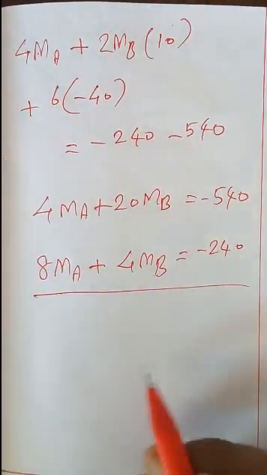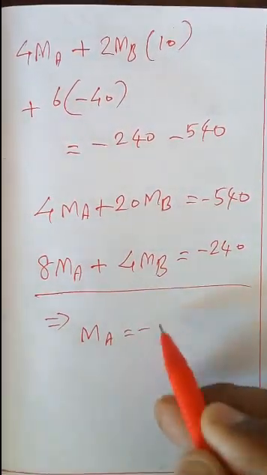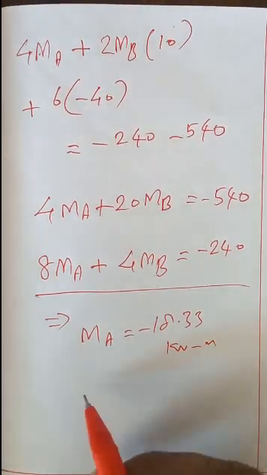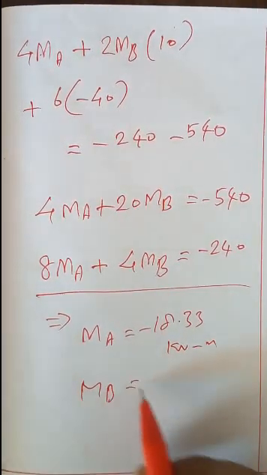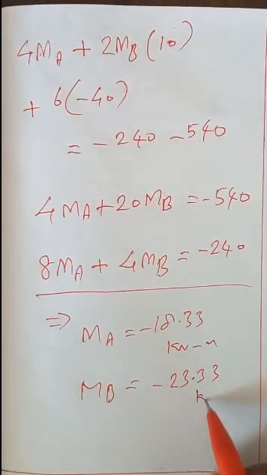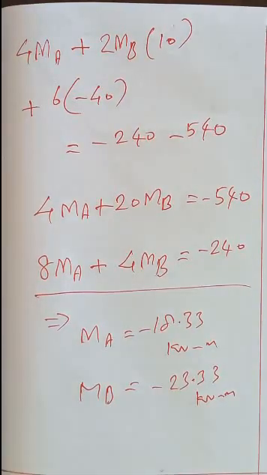Solving these two equations, MA equals minus 18.33 kilonewton meter and MB equals minus 23.33 kilonewton meter. So these are the support moments.